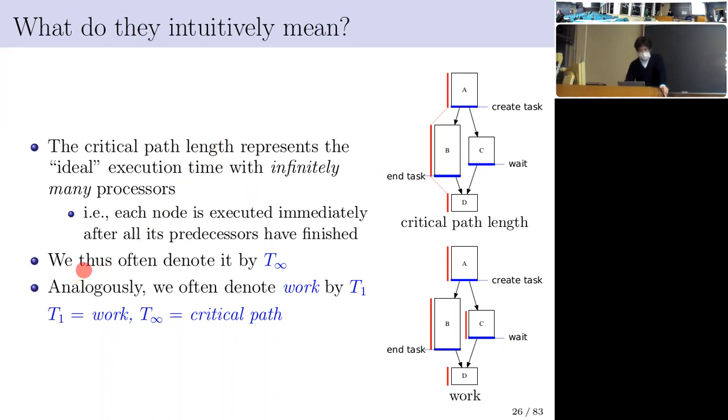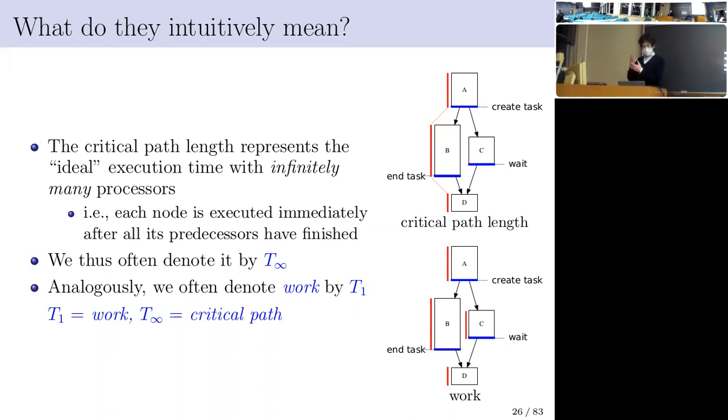Therefore, we often denote it by T infinity. Infinity means you have an infinite number of processors. Analogously, we often denote work by T1, because work represents the execution time in an environment in which you have only one processor.